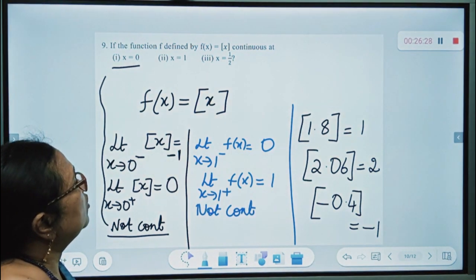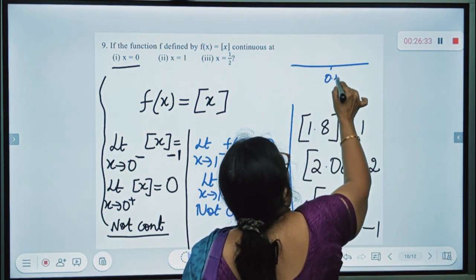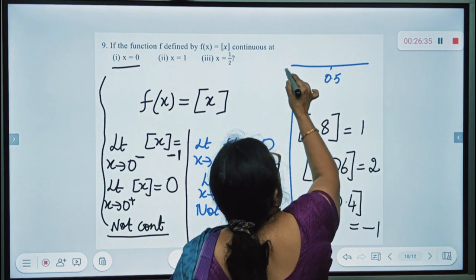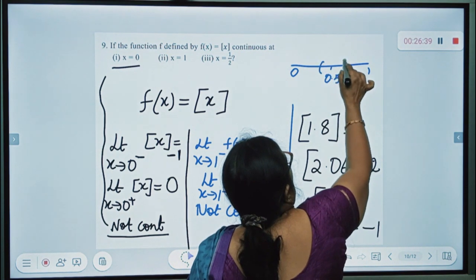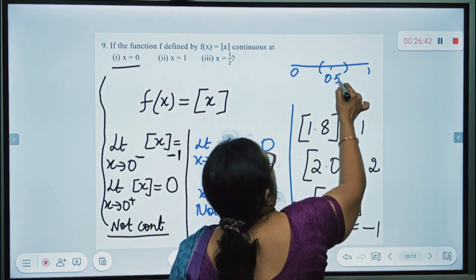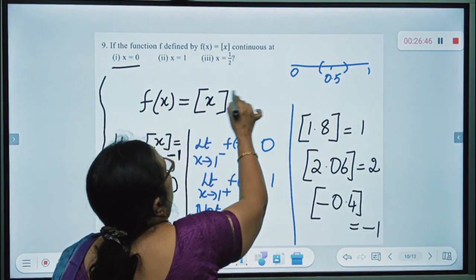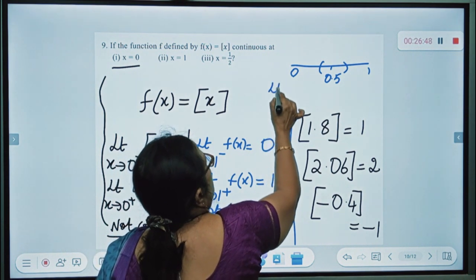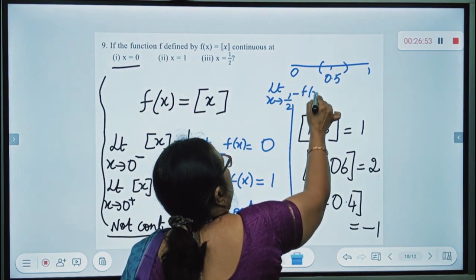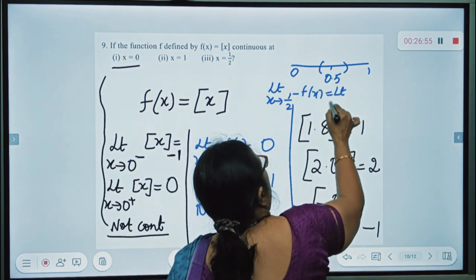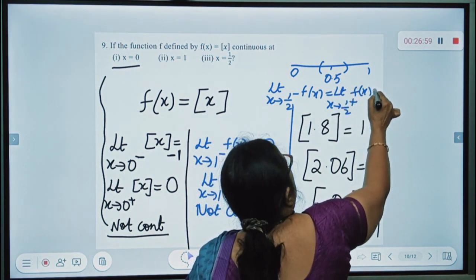What about x equal to half? See, when you have the number line and you have 0.5, from 0 to 1, however small a neighborhood you choose, the greatest integer function is always going to be 0. So limit x tending to half minus of f of x equals limit x tending to half plus of f of x, which will always be 0.